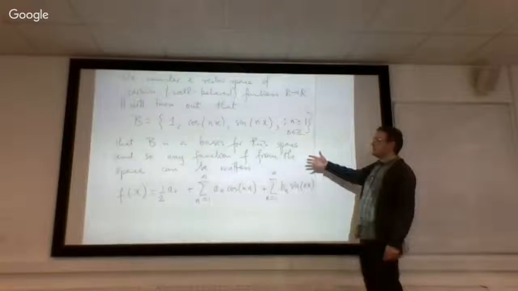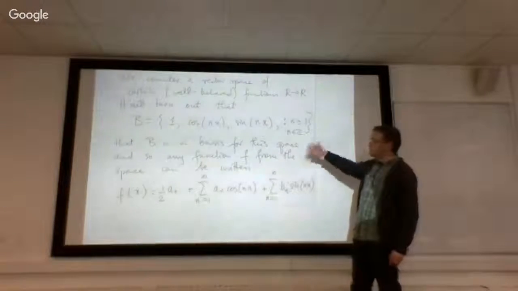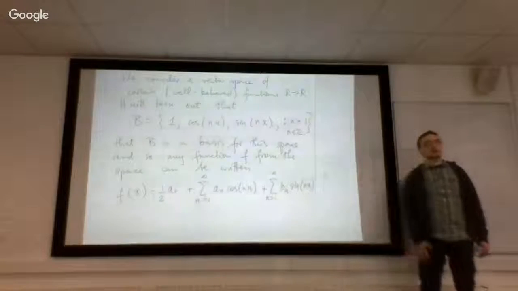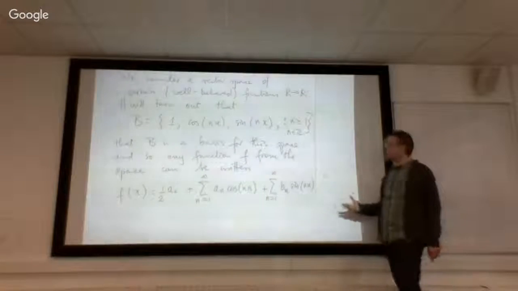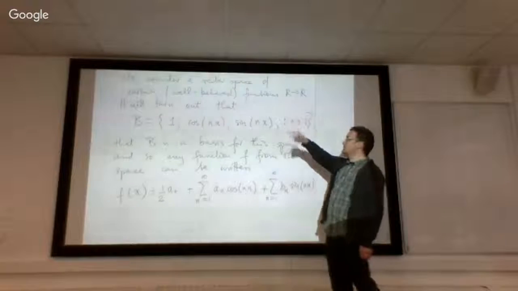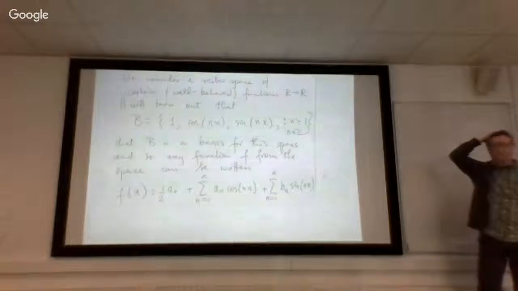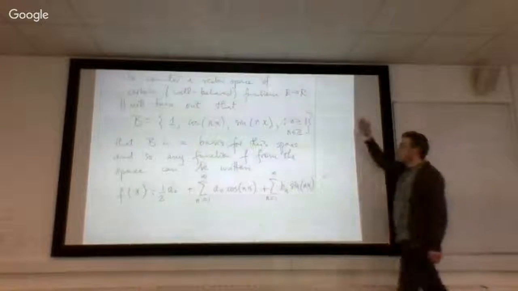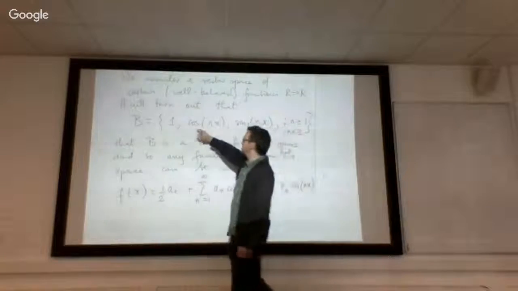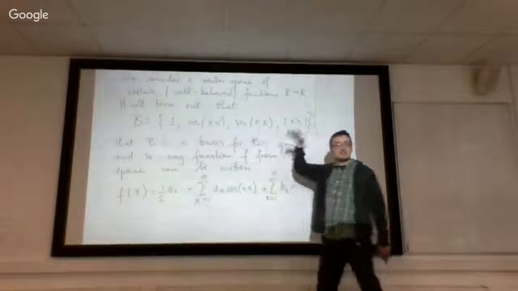So we're going to see that we can think about this in a very linear algebra type setting. We've got a vector space of functions, certain well-behaved functions, and we'll describe what those conditions are shortly. We'll have an infinite set of certain special standard functions from the space.